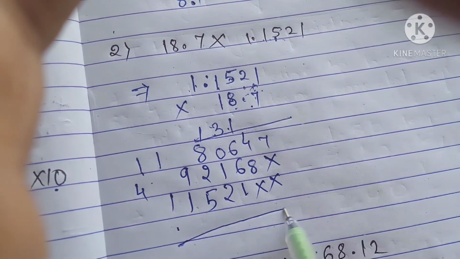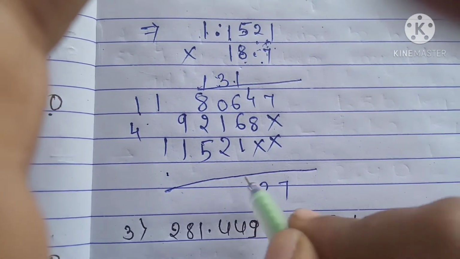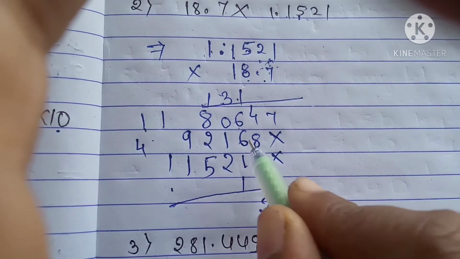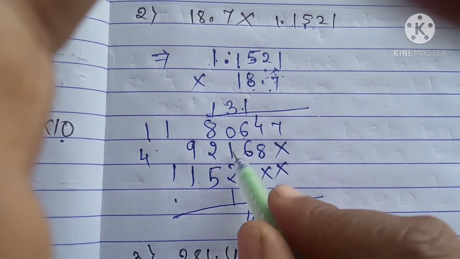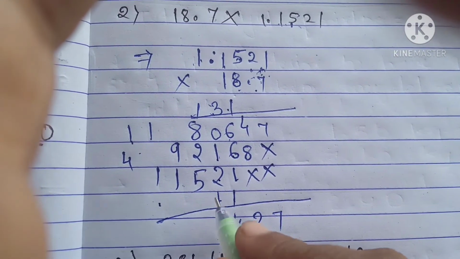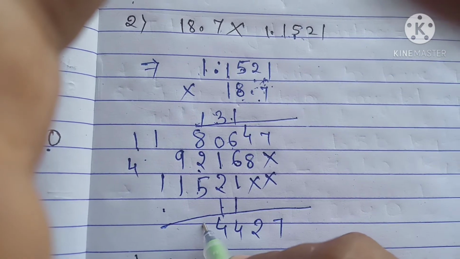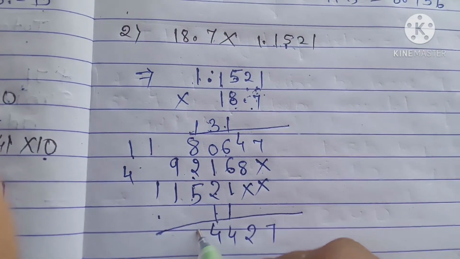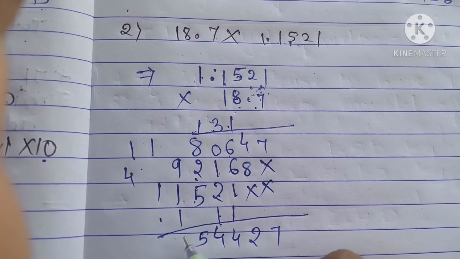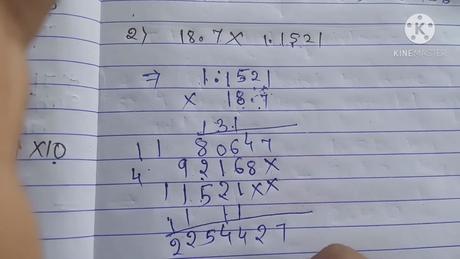Then add the numbers. 7 is 7, 8 plus 4 is 12, 6 plus 6 is 12, 12 plus 2 is 14, 2 plus 1 is 3, 3 plus 1 is 4, 5 plus 2 is 7, 7 plus 8 is 15, 9 plus 2 is 11, 1 plus 1 is 2.